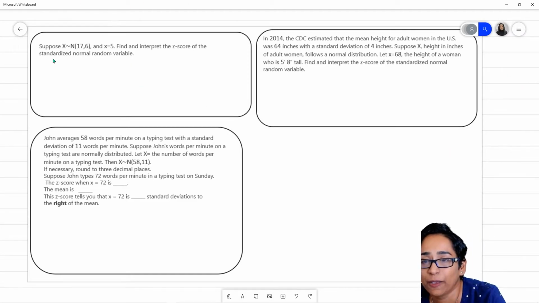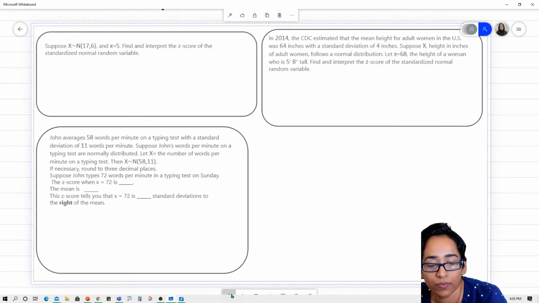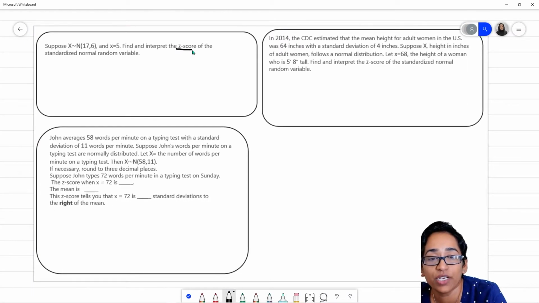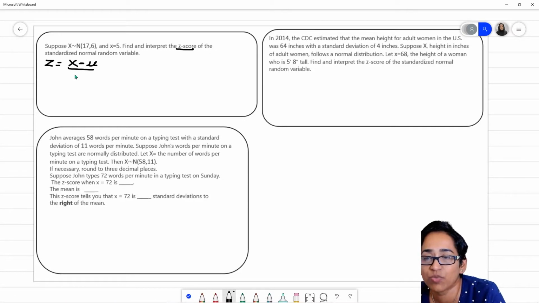What is it telling me? They're asking me to interpret my z-score. So let me start with the formula. What is the z-score? X minus mu over standard deviation, right?